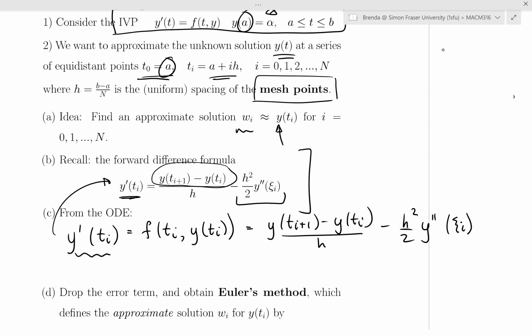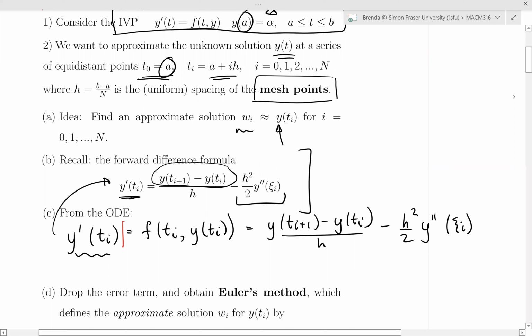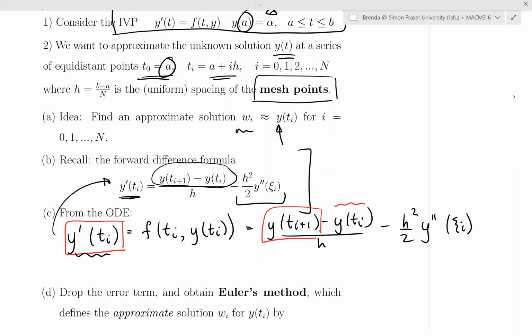All right. Now I solve. The way this method is going to work is we are going to start knowing what the function is at the first point, and what we want to do is figure out what the function is at the next point over.